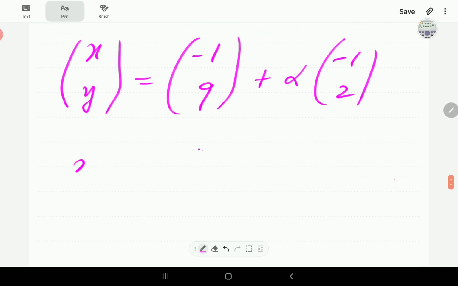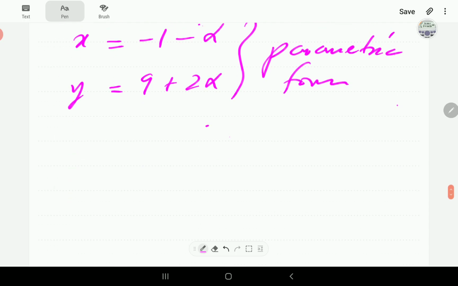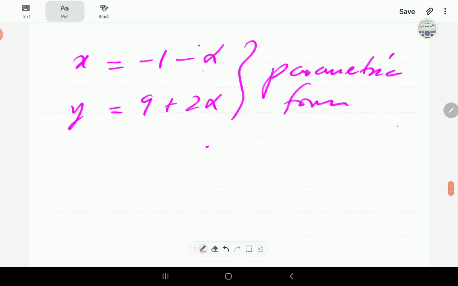Now the parametric form is going to be x equals -1 minus alpha. y is going to be 9 plus 2 alpha. So this is now the parametric form. Then the symmetric form, if we make alpha the subject of the formula here, it's going to be -1 minus x. Make alpha the subject of the formula here, and (y minus 9) all over 2.